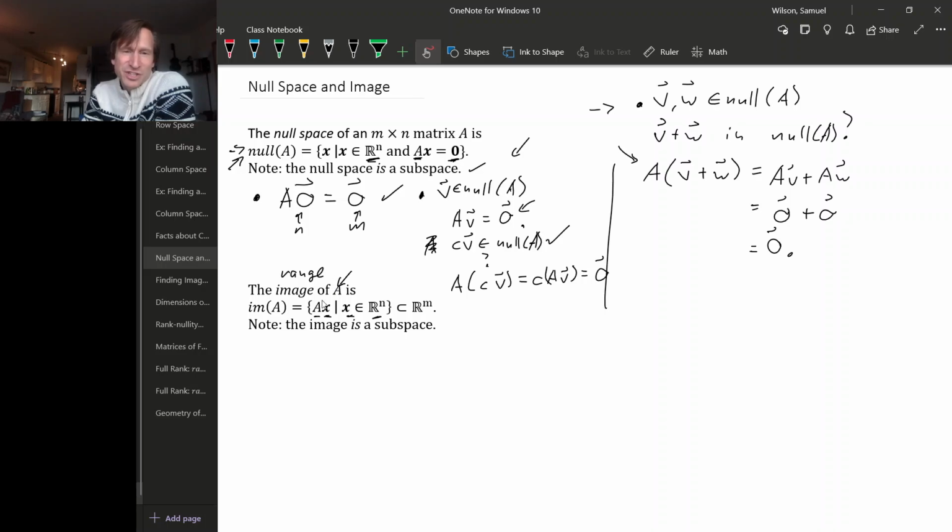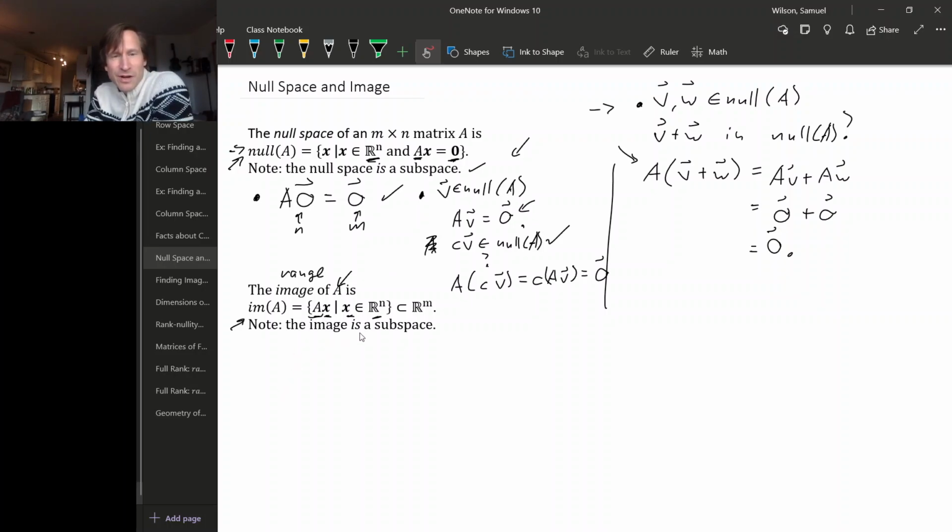The range of a function, if you have a real valued function, is all of the numbers that function hits, right? Well, it's the same here. The image of a matrix is all of the vectors that matrix hits when you do matrix multiplication on the left with that matrix, right?